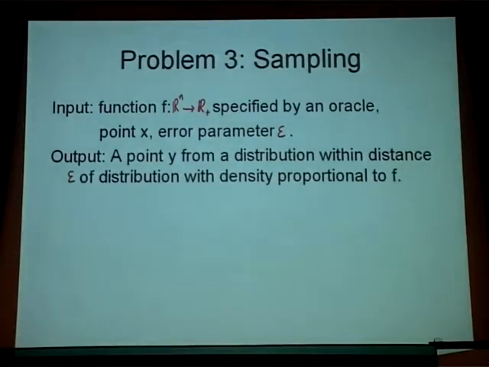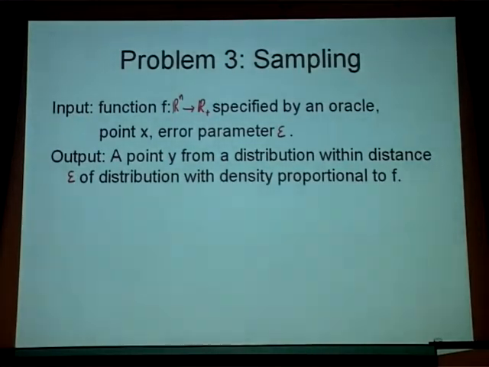Problem 3 is sampling. And here again you're given a function, a point with bounded function value, and an error parameter epsilon. What you'd like to output is a point y, a random point, whose distribution is guaranteed to be close, and there are various notions of probabilistic distance, so let's just say close for now, to the distribution whose density is proportional to f.